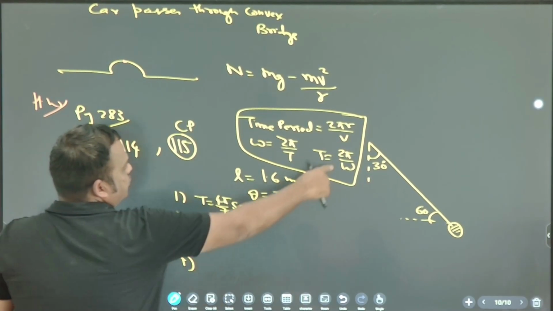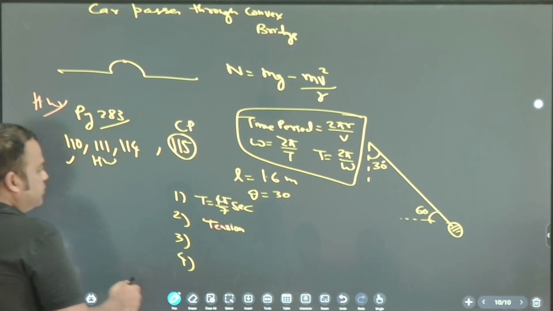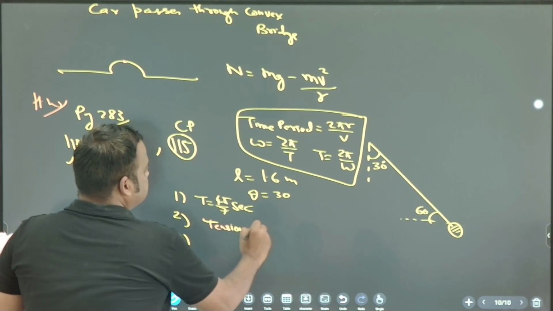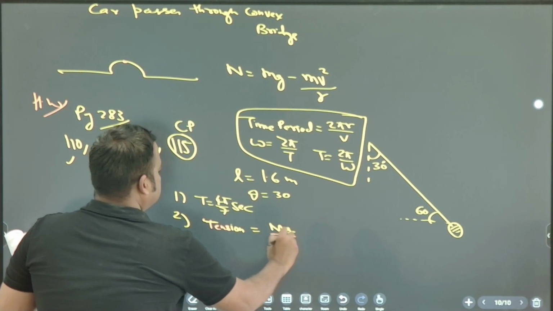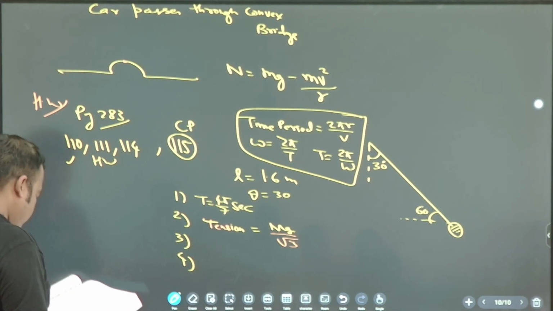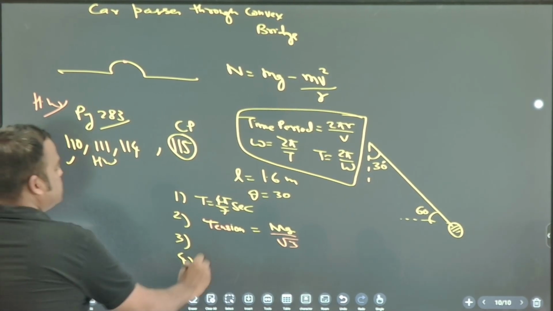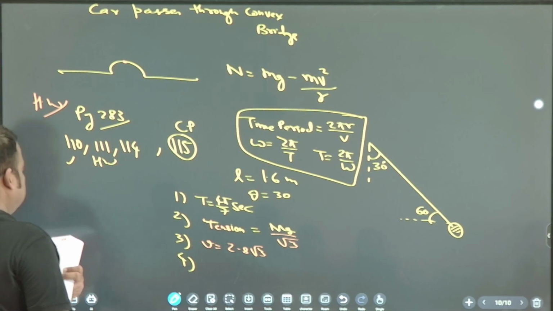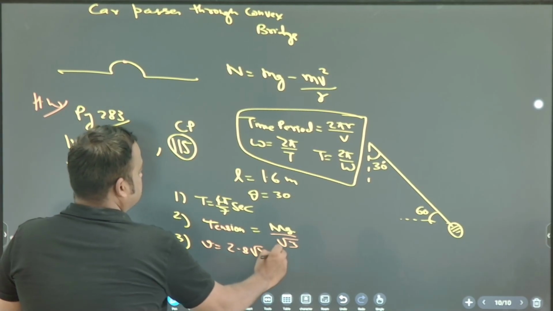So t is equal to 2 pi by omega. Note down. So what is the second option? Tension is mg by root 3. Third option is speed. Speed is 2.8 root 3 meter per second.